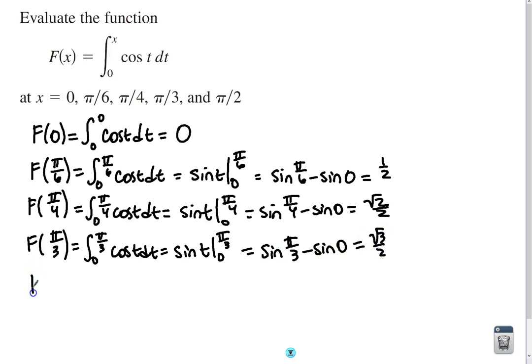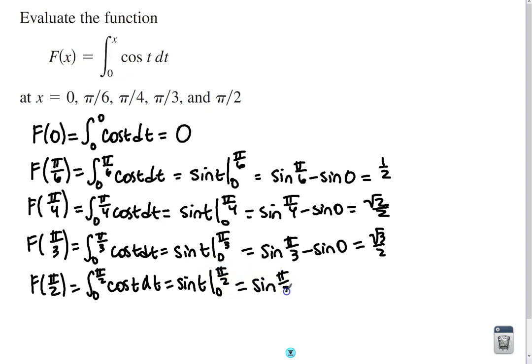Then F of pi over 2 would be the integral from 0 to pi over 2 of cosine t dt, which is sine of t from 0 to pi over 2, equal to sine of pi over 2 minus the sine of 0, and the sine of pi over 2 is just 1.